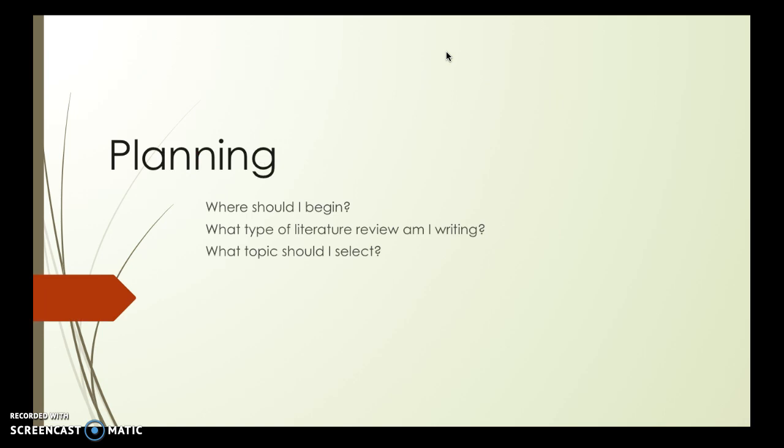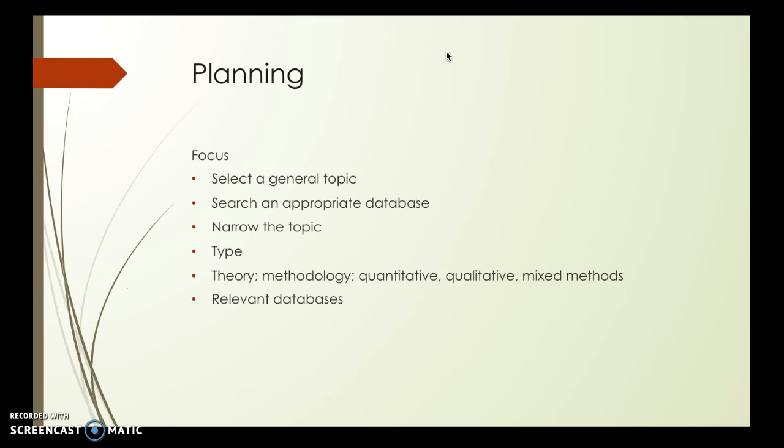What type of literature review am I writing? What topic should I select? And you need to focus. Select a general topic, search an appropriate database, and narrow the topic, the type, the theory, and the methodology: is it quantitative, qualitative, or mixed methods, and which databases are relevant.